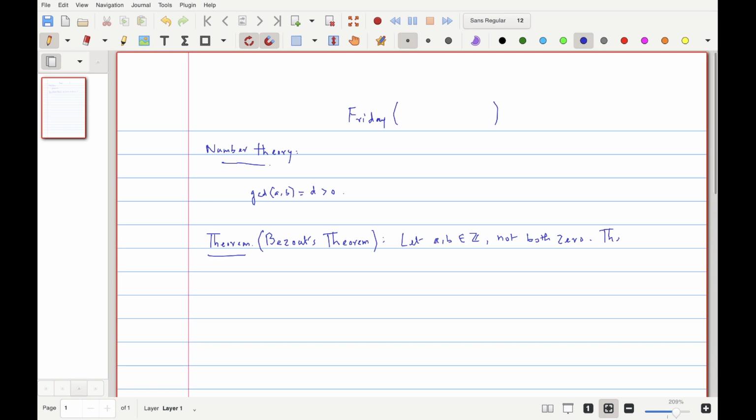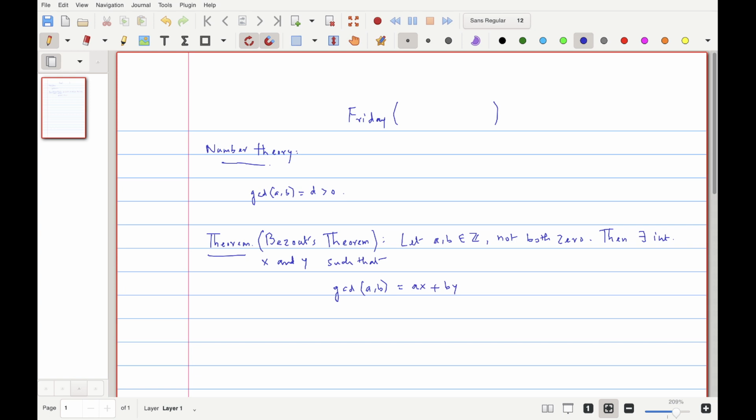Then there exist integers x and y such that GCD of a, b equals ax plus by. This is known as Bezout's theorem.